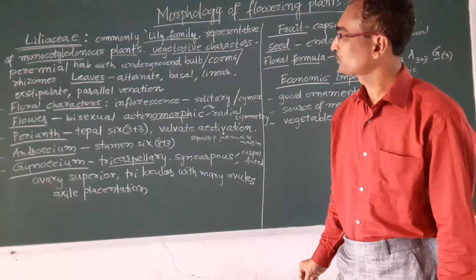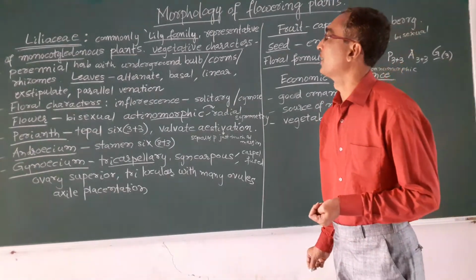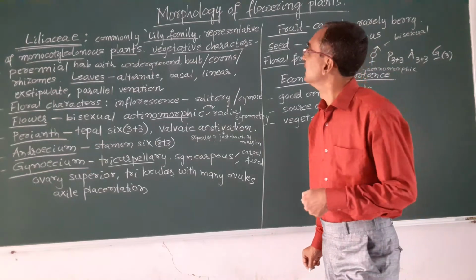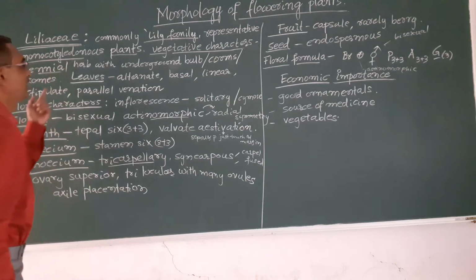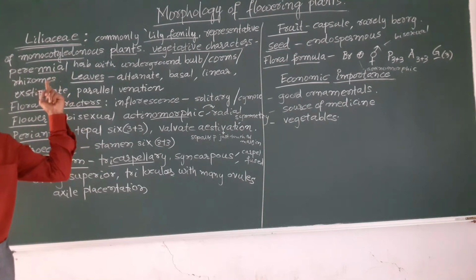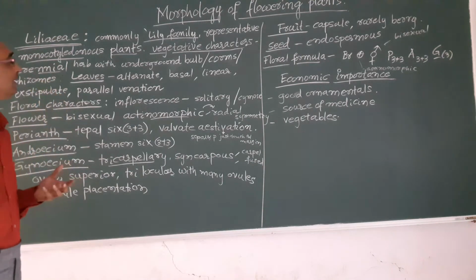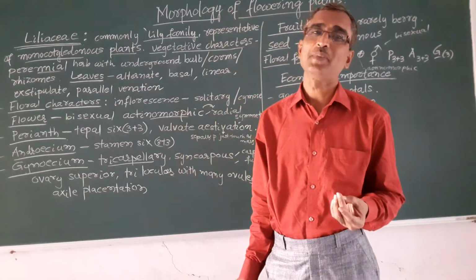Let us consider the vegetative characteristics of the family Liliaceae. These are perennial in nature. Perennial means they complete their life cycle in more than 2 years. Based on life cycle, we have annuals, biennials, and perennials.